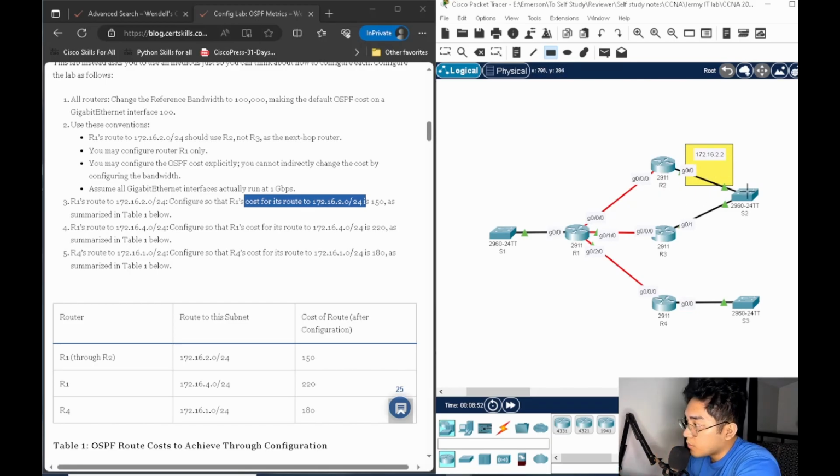The cost here is going to be 100. What we're going to configure is the cost on R2 here.